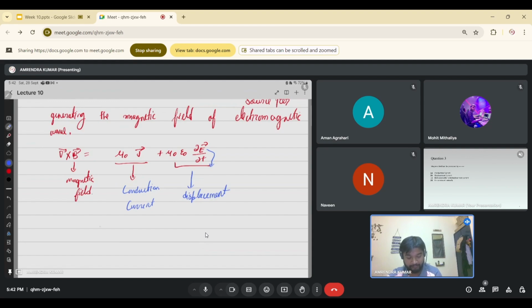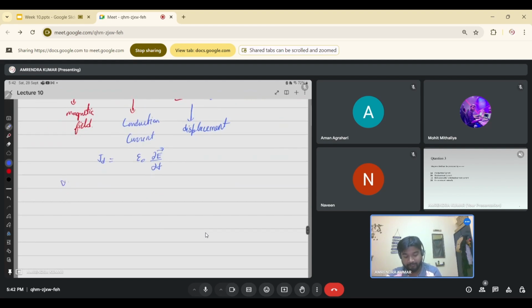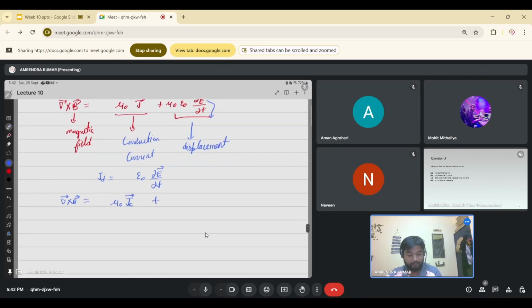The displacement current JD is defined as epsilon 0 del E over del t. If you rewrite this equation, del cross B is equal to mu 0 JC, the charge current or conduction current, plus mu 0 epsilon 0 del E over del t, which is JD.